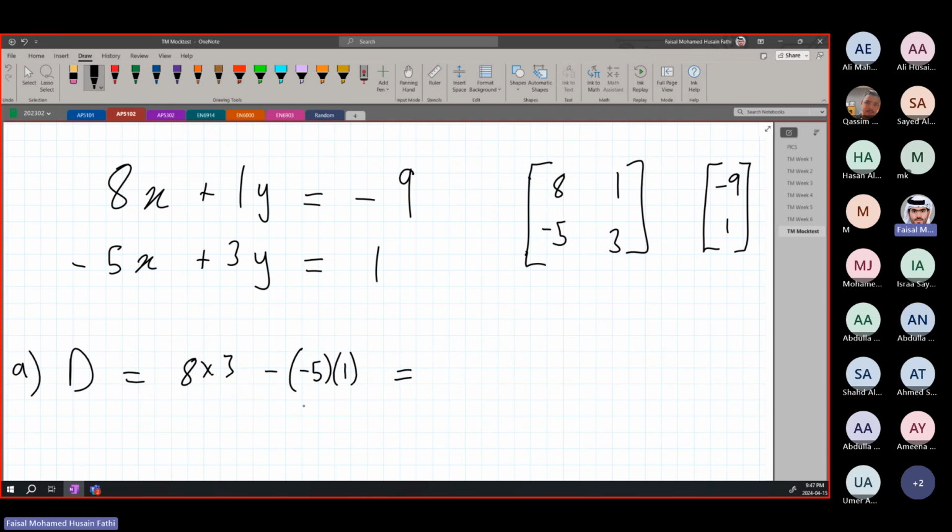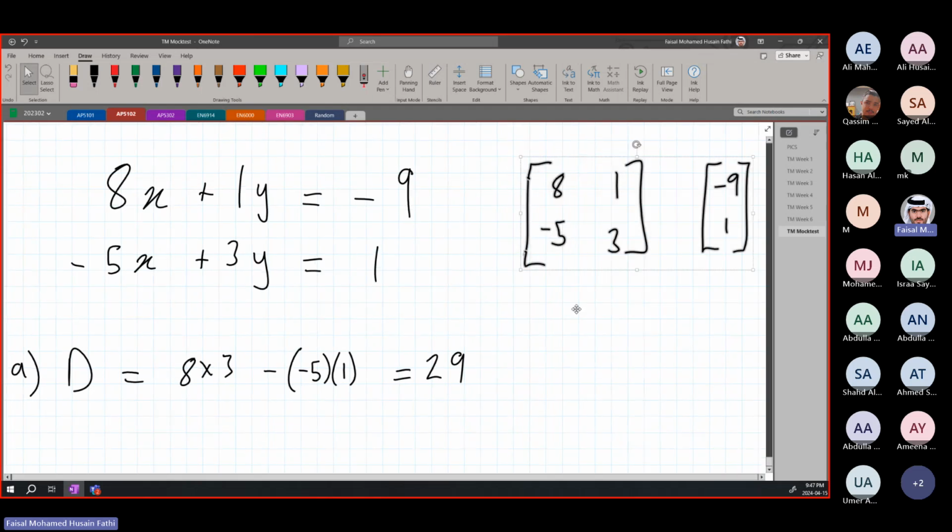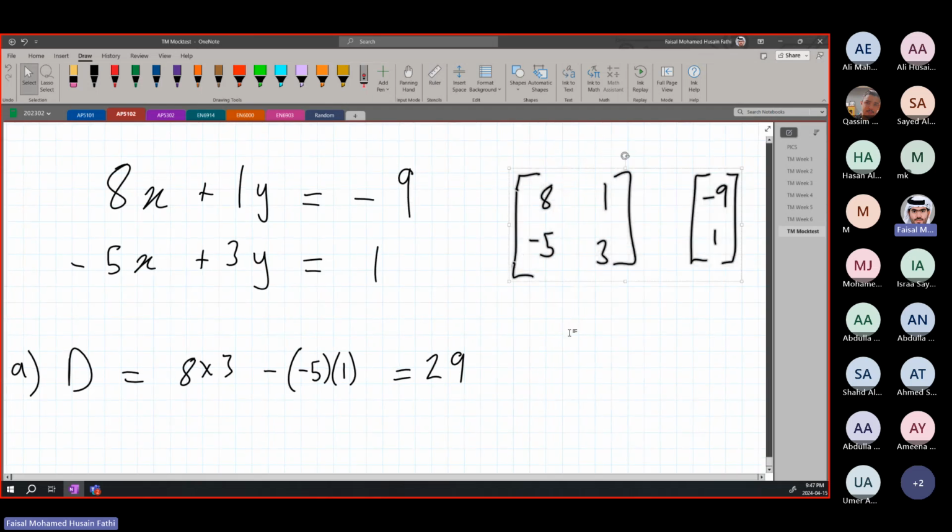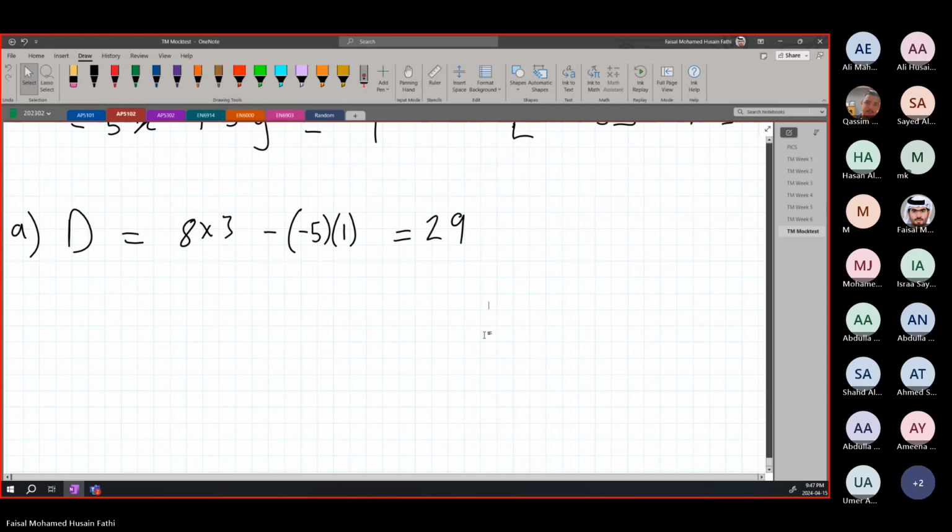So it's equal to 8 times 3 is 24, minus -5 times 1, which is +5. So it is 29. That is the first part. We find our D. Okay, so all we need is now this, that we will keep taking with us while solving. All right, this is our matrix.